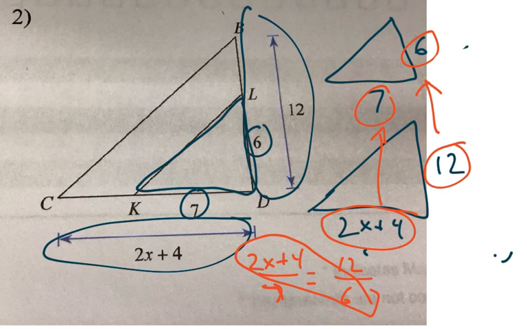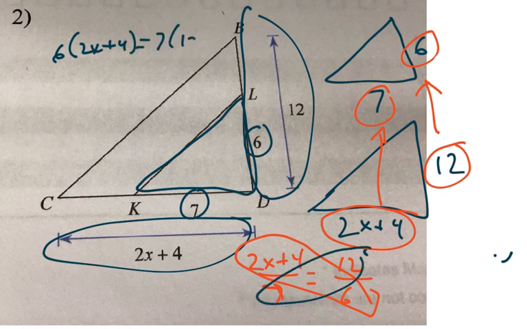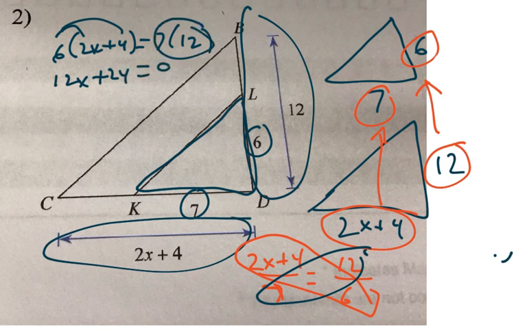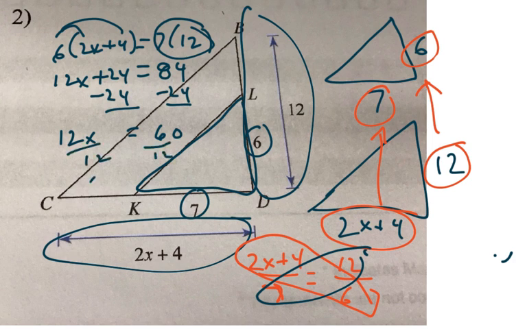Let's come over here. 6 times 2x plus 4 equals, this way, I got 7 times 12. Distributive property, 12x plus 24 equals 7 times 12 is 84. I'm going to minus 24 both sides. 12x will equal 60. Dividing by 12, x must be 5.